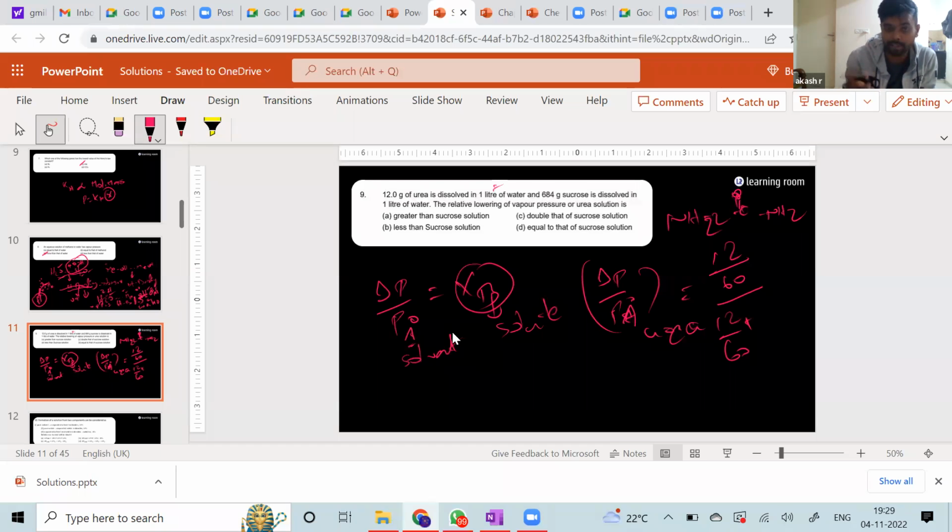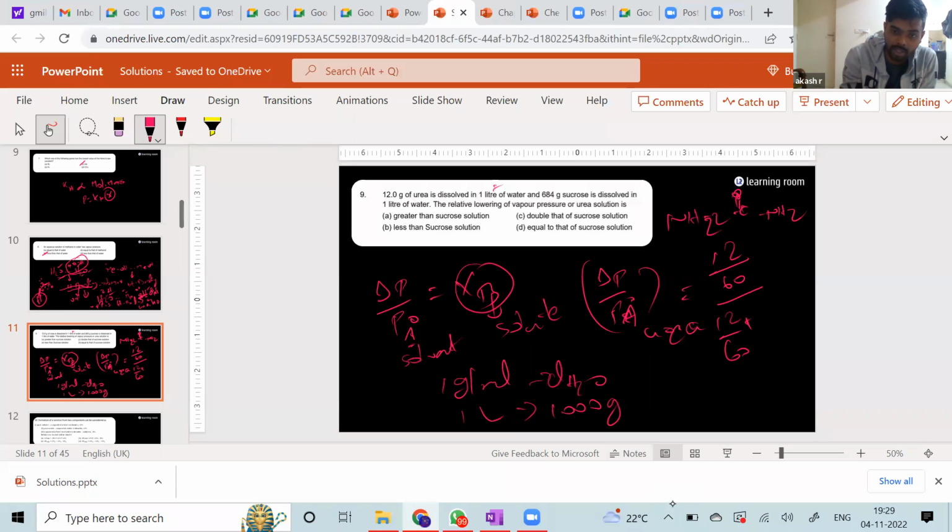Okay. Now for 1 liter of water, we have to remember the number of moles of water. All that you have to understand is the density of water is 1 gram per ml. So I can tell that 1 liter of water is going to contain 1000 grams of water. Is it not? The same goes with your HCl solution also, if you remember. If I say 1 gram per ml, it means 1 gram of water is present in 1 ml of water. So in 1 liter of water, that is 1000 ml, I'll have 1000 grams, right?